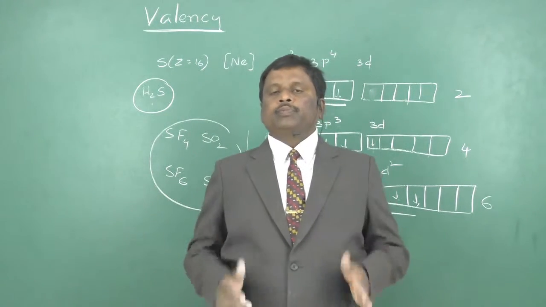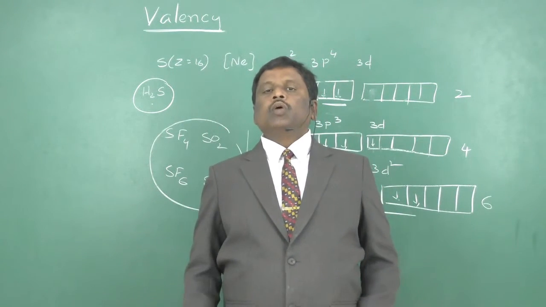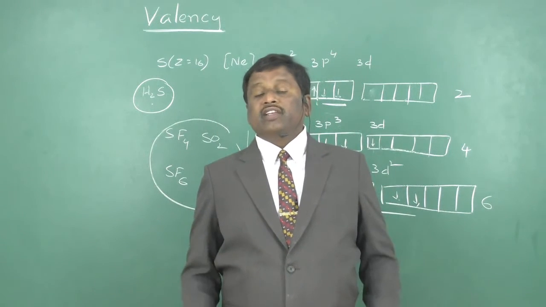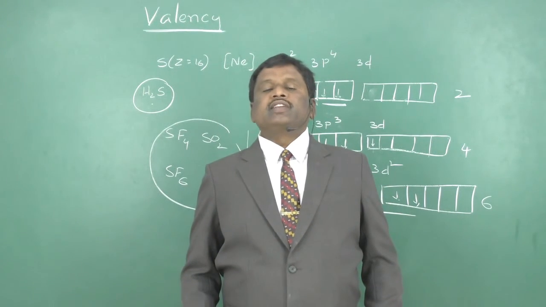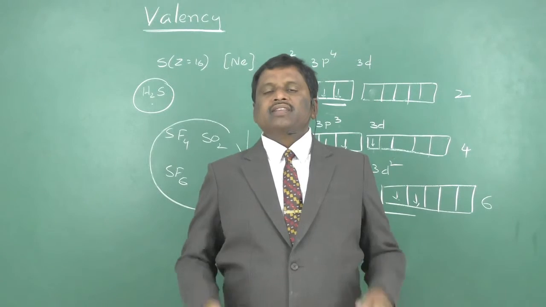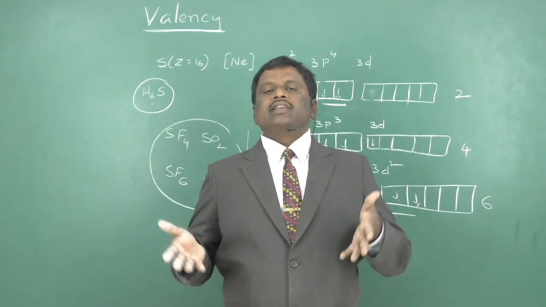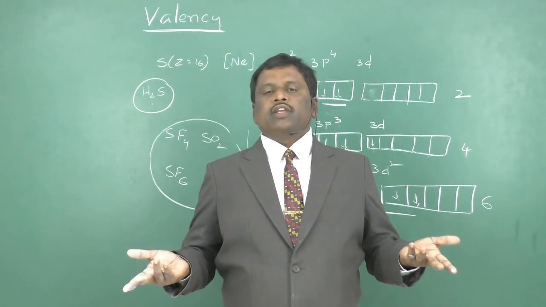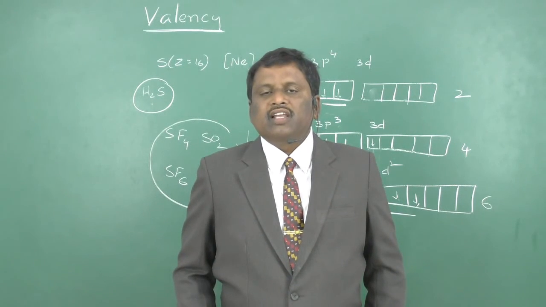And in a group, all elements will have the same electronic configuration. That is why the elements present in a given group will have the same valency, since their electronic configurations in their valency shell are the same.